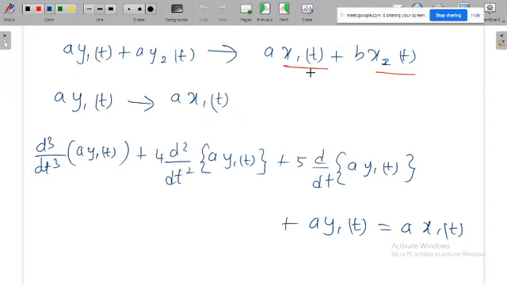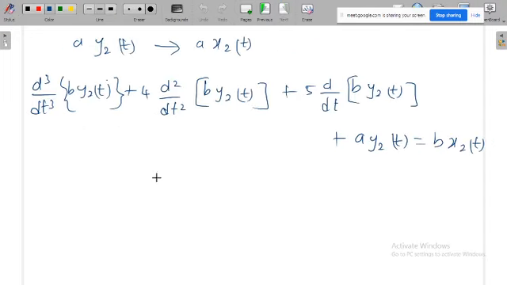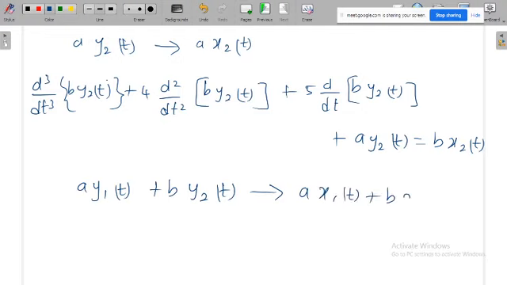So now what we are trying to prove. Now I will apply like this: a y1 of t plus b y2 of t is same as a x1 of t plus b x2 of t.